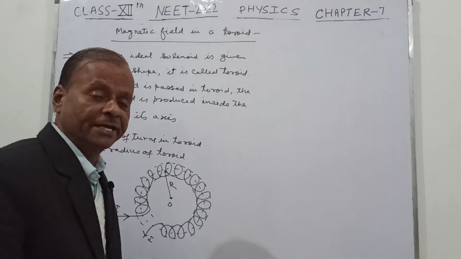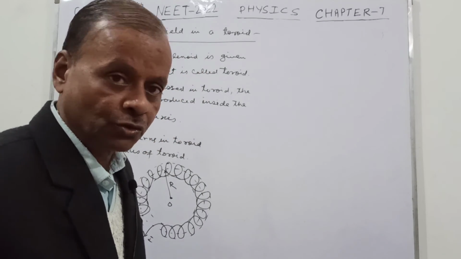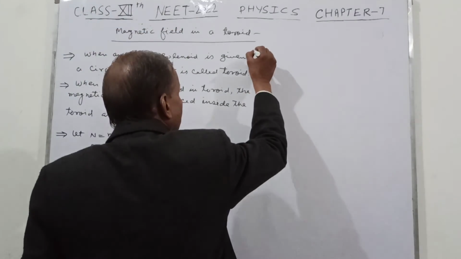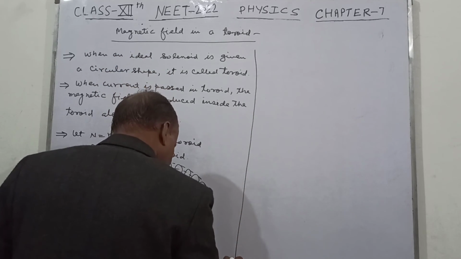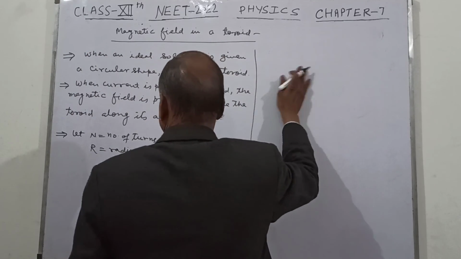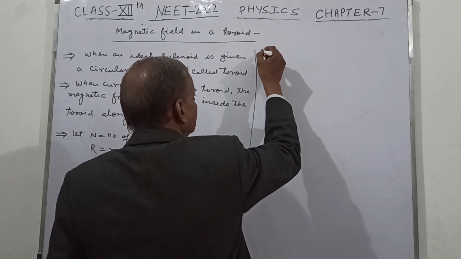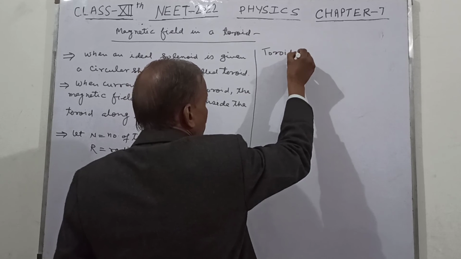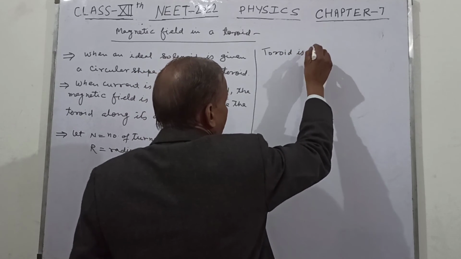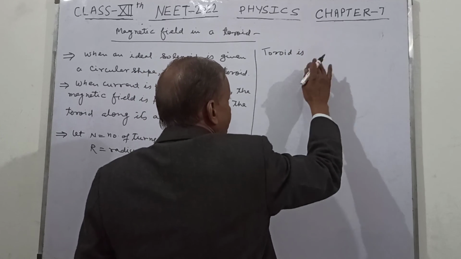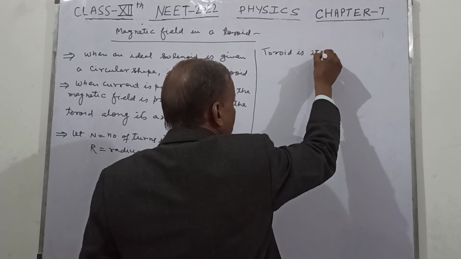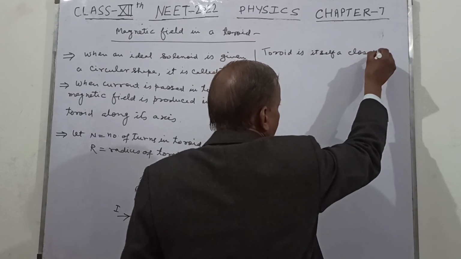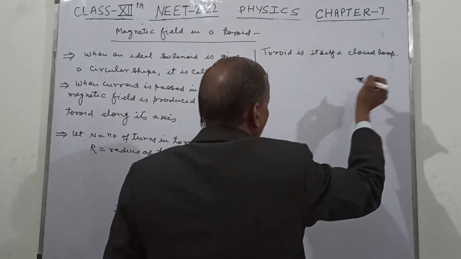Because the toroid is itself a closed loop, we apply Ampere's law directly.